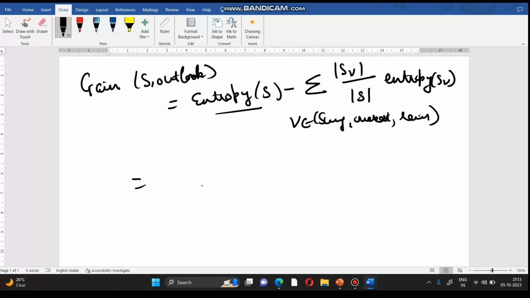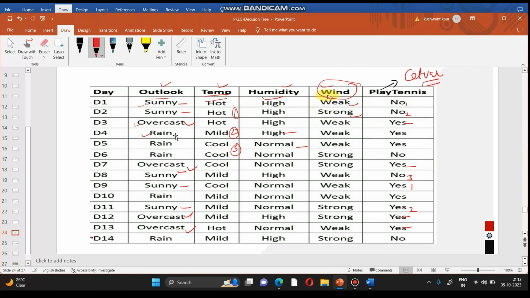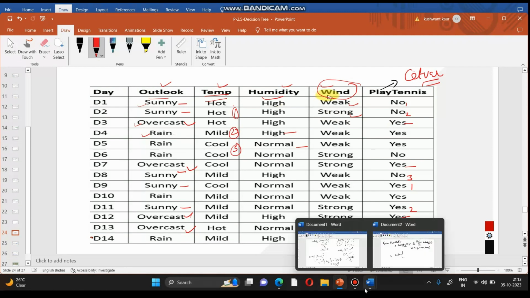We have calculated the entropy of S, which was 0.94, minus. Here we will put first sunny, then overcast and then rain. For sunny we have a total of 5 values, and the total number of values, that is |S|, is 14.